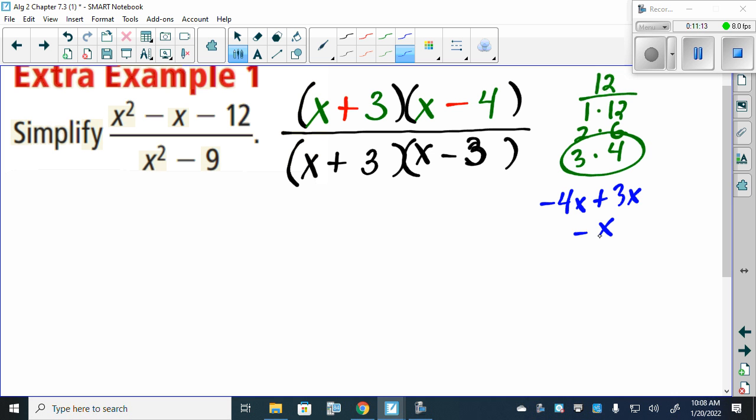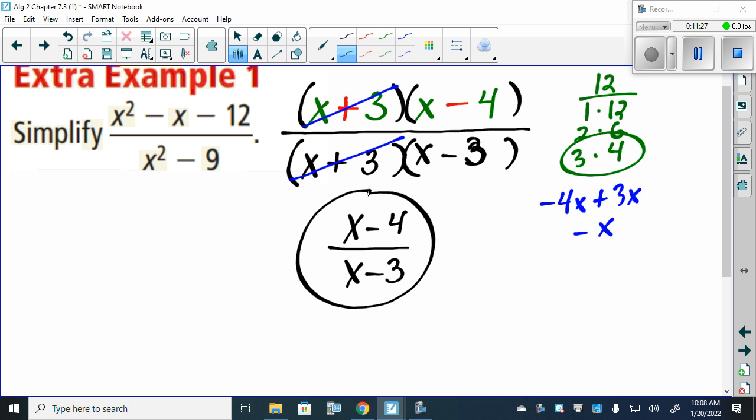And if we cancel out the like terms on top and bottom, it would be x plus 3 and x minus 3, leaving us with x minus 4 over x minus 3. And again, if we did the restrictions, x cannot be negative 3 or positive 3, because if it is negative 3, the x plus 3 would become 0.